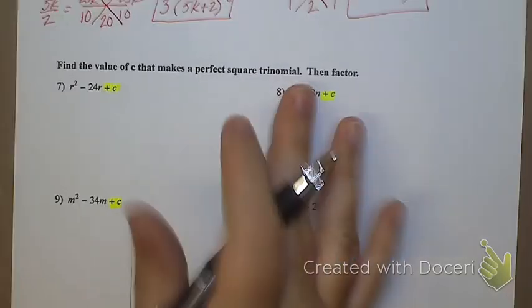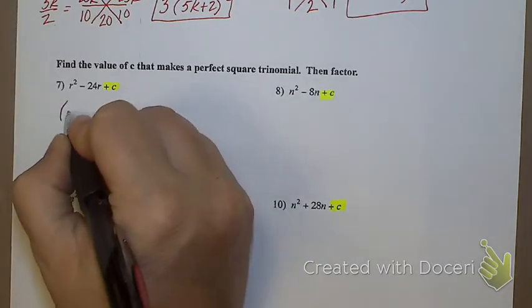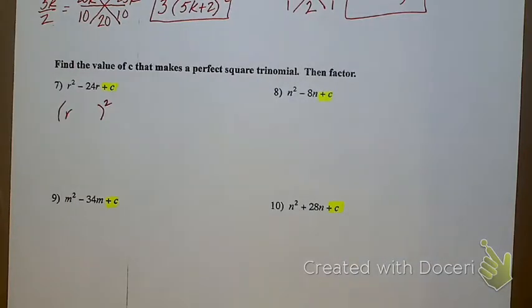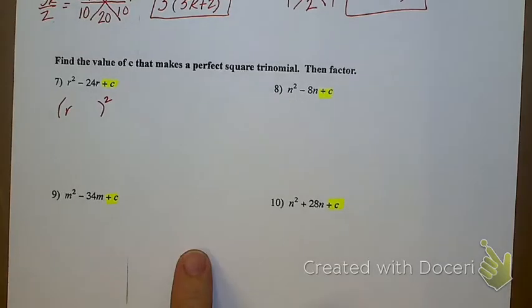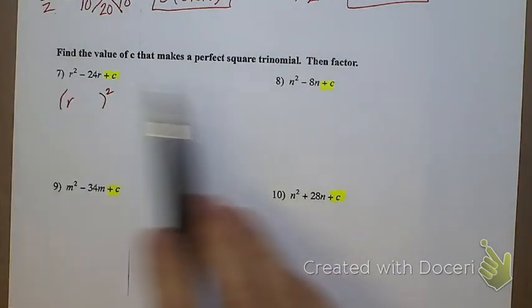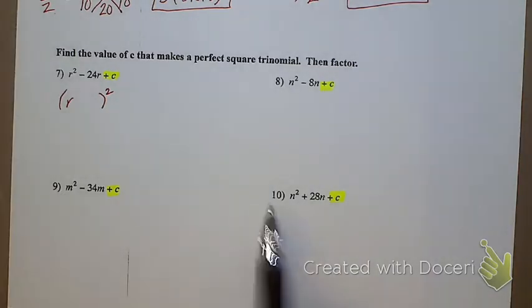So I need to find out what that number needs to be in order to factor into something squared. Do you notice that each one of these problems has an A value of 1? 1, 1, 1, 1. Let's see if we can figure out what C needs to be.